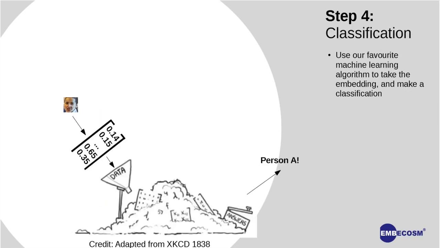And once I have that vector of numbers, things are rather easy. I basically take my vector of numbers, stick it into my favorite machine learning algorithm, machine learning happens, and then I get an answer out. You can just deploy whichever of your favorite algorithms you would like here, and get the solution.